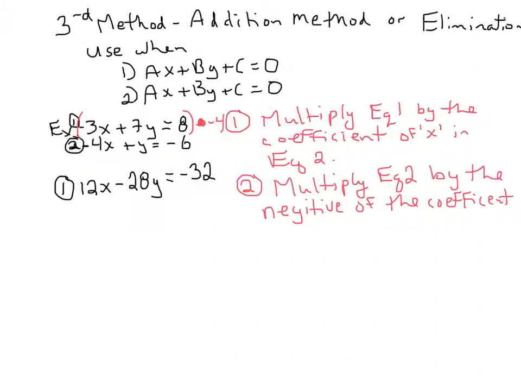So multiply equation 2 by the negative of the coefficient of x in equation 1. Coefficient of x in equation 1 for this one is -3. What is the negative of -3? Positive 3. So we're going to multiply the whole thing by 3.